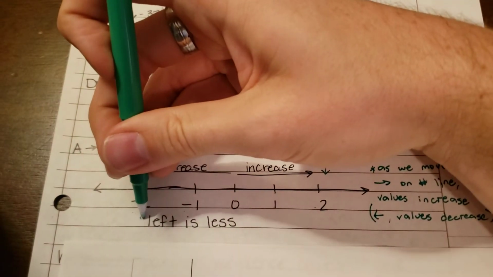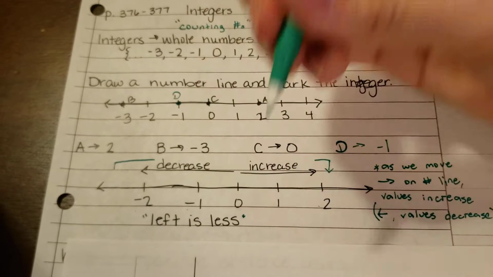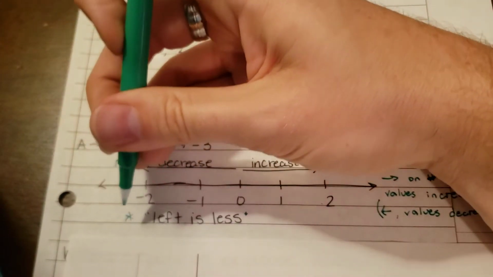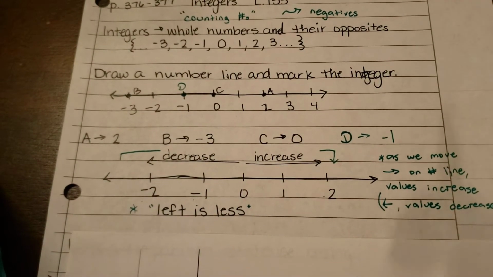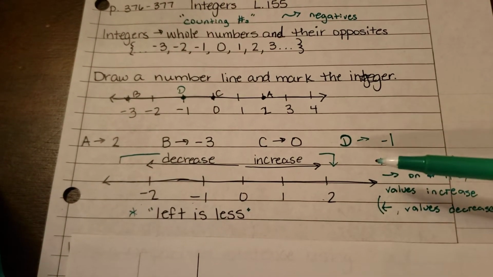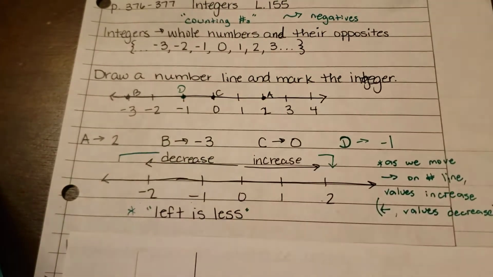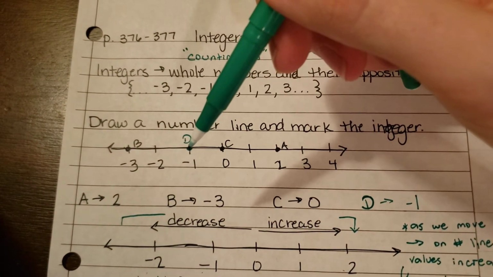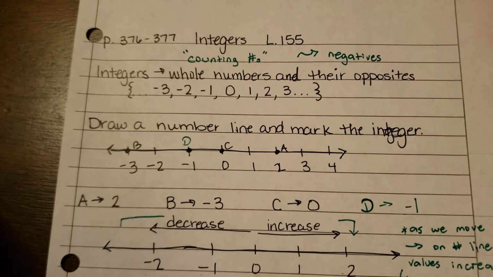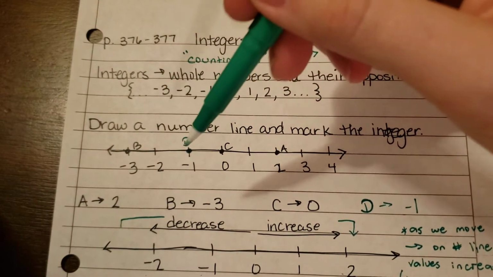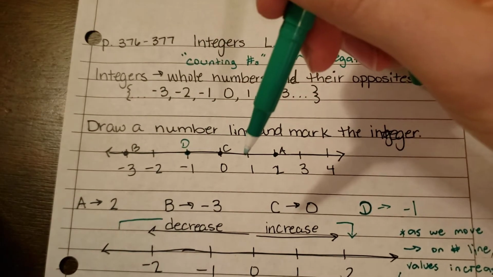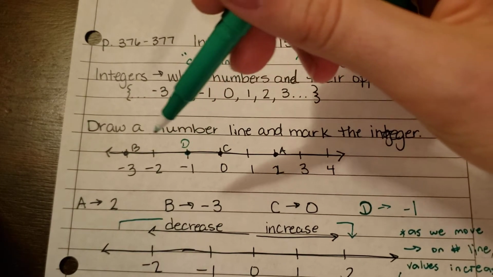The phrase that you can use to remember when talking about number lines is left is less. So I'll put a little asterisk here. Left is less. Values decrease as you move towards the left. So if we were talking about points B, D, C, D is less than C, and B is also less than D. B is less than C, but D is greater than B, right?